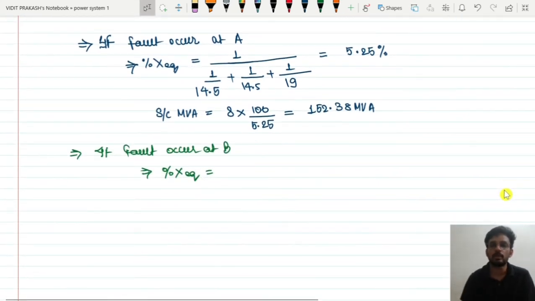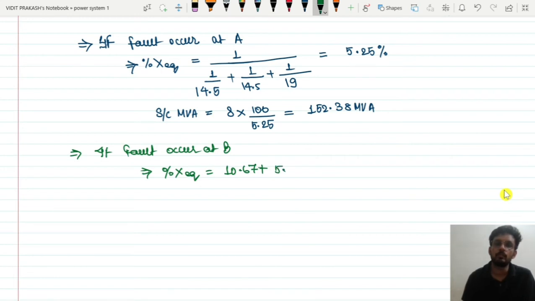So the equivalent percentage reactance will be 10.67 plus the reactance till point A, that is 5.25. Okay, now this will give you 15.92%.